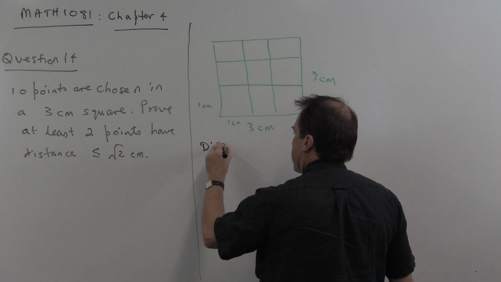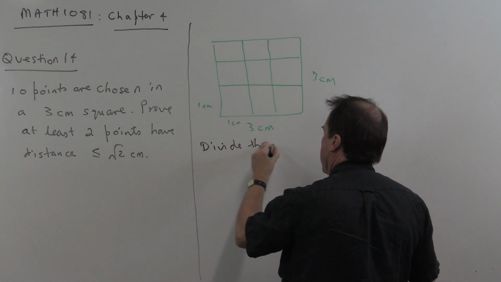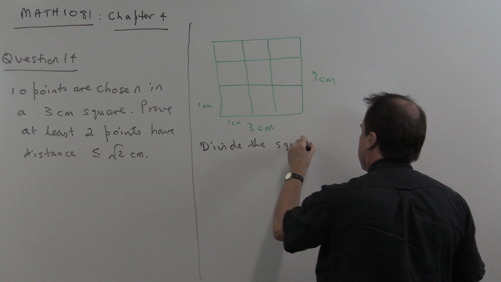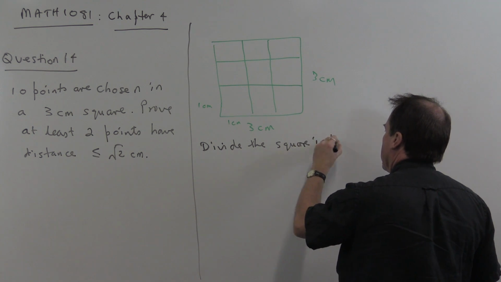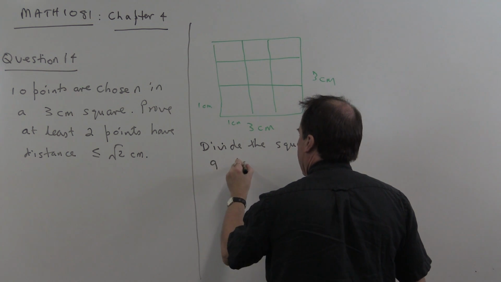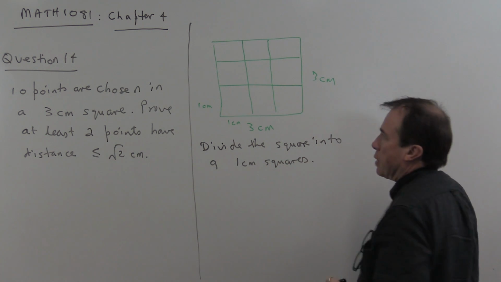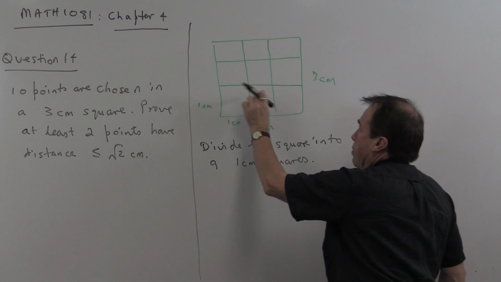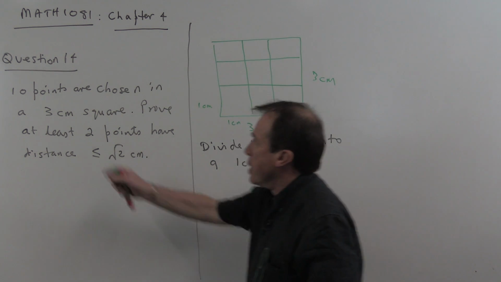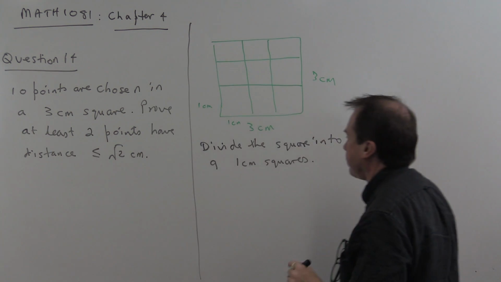So in order to give a solution, I'm going to divide the square into 9 1 centimetre squares. And so these are going to be my pigeonholes, and there are my 10 pigeons.